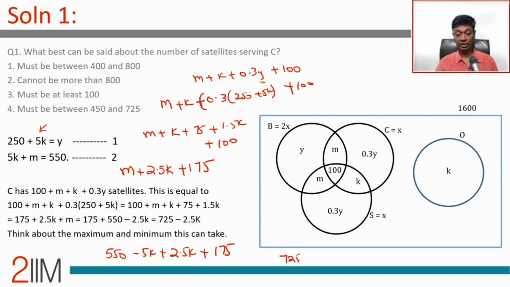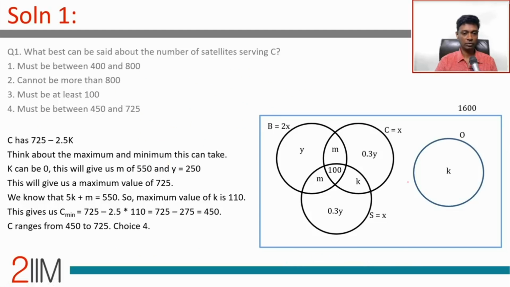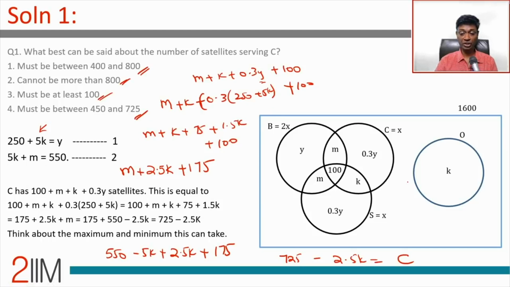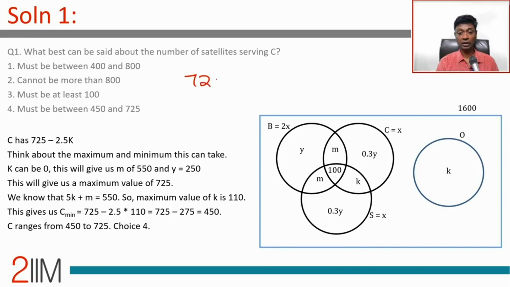This is 725 minus 2.5k. This is what set C is. Wonderful. Now let's look at this. Obviously, the answer is not in terms of one value. And so we know the expression is 725 minus 2.5k. So the maximum this can be is 725.